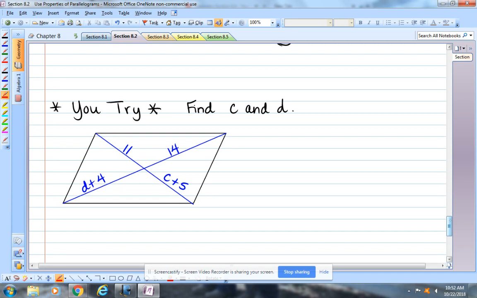Pretty simple arithmetic here. And it doesn't matter which order you find them.